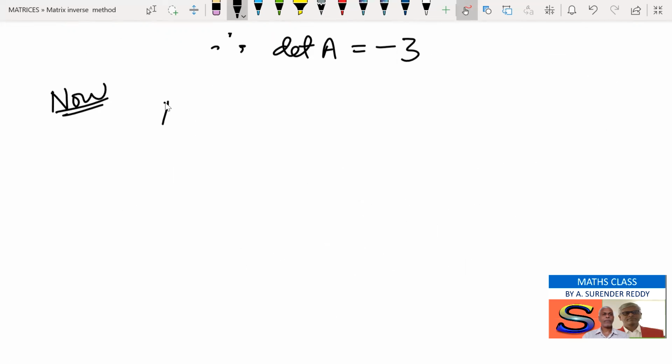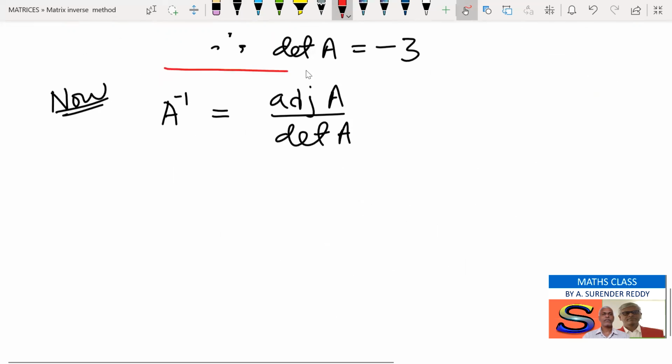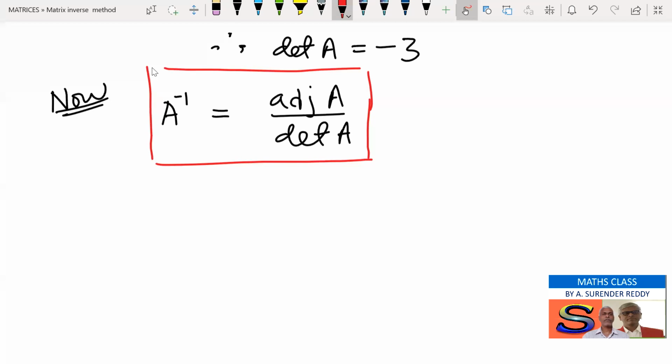The definition of inverse is adjoint A by det A. So A inverse: 1 by det we write separately.